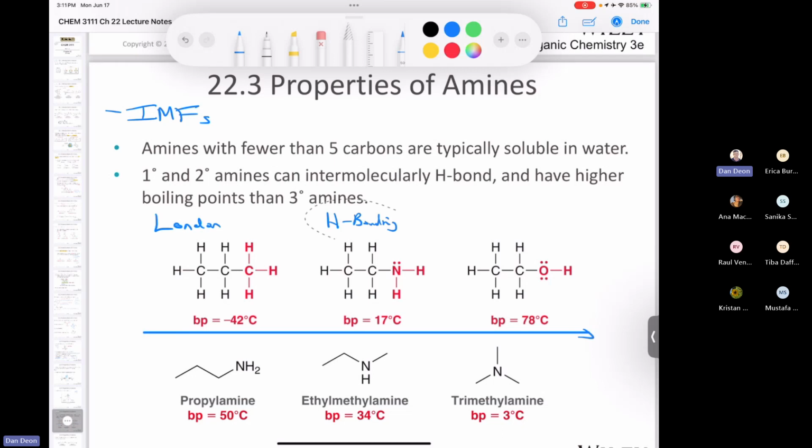As does the alcohol. But we know that the hydrogen bonding with an alcohol is a lot stronger than with an amine. Why is that? It's because nitrogen isn't as electronegative as oxygen. Oxygen has an electronegativity of 3.5, whereas nitrogen has an electronegativity of around 3.0. So the hydrogen bond just isn't as strong.